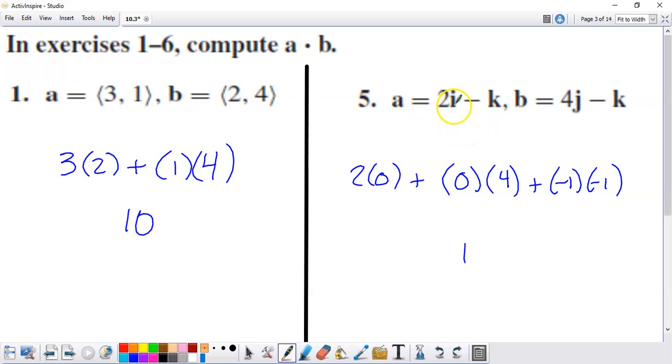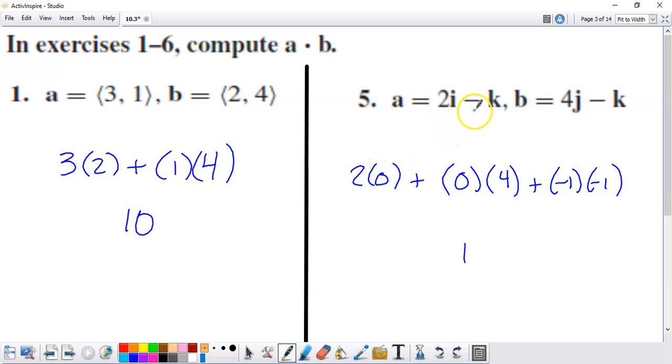What you will notice is an I, a J, and a K. So although each of these individual vectors only have two components, they really are three-dimensional vectors because of the inclusion of unit vector K. Keep in mind that for unit vector I, the coefficient represents the x component of that vector. So if I'm multiplying the x component of vector A together with the x component of vector B, I'm going to take 2, and then since there's no I over here, I'm going to assume that the x component of vector B is 0.